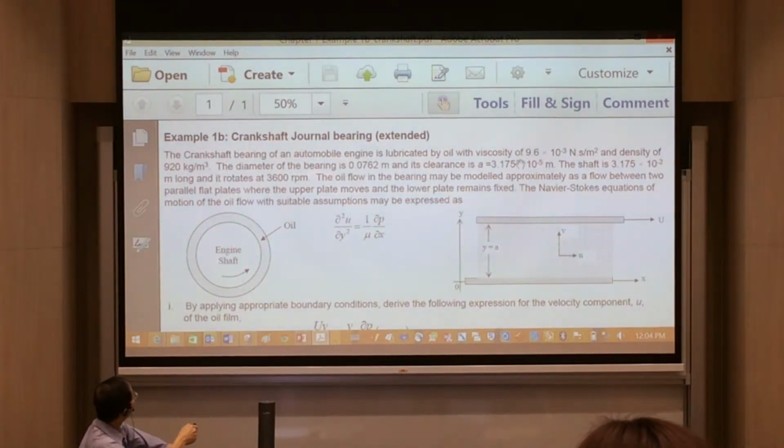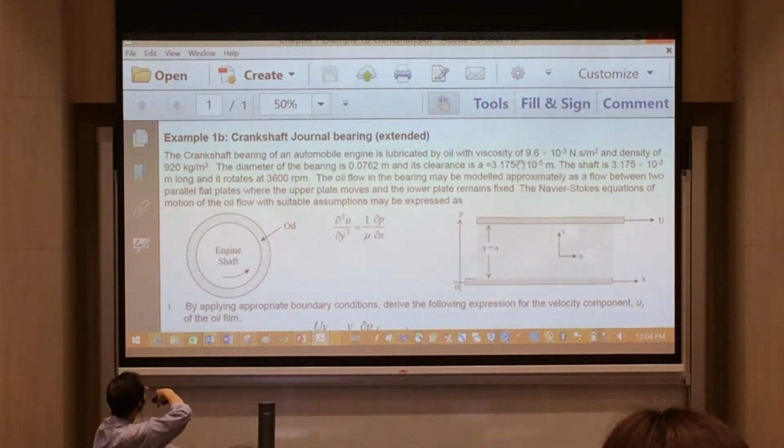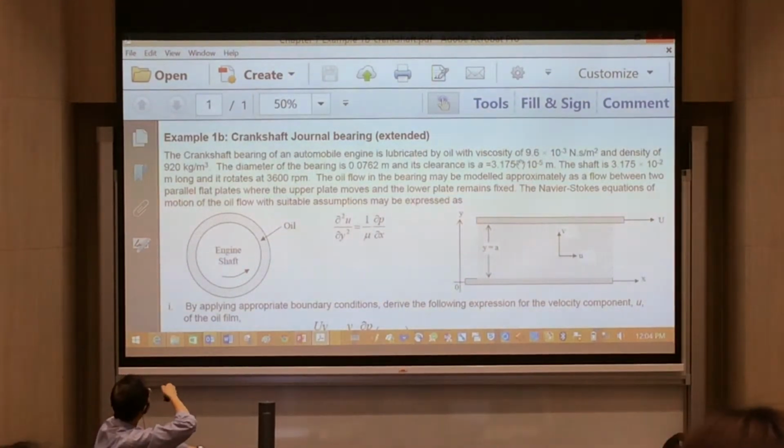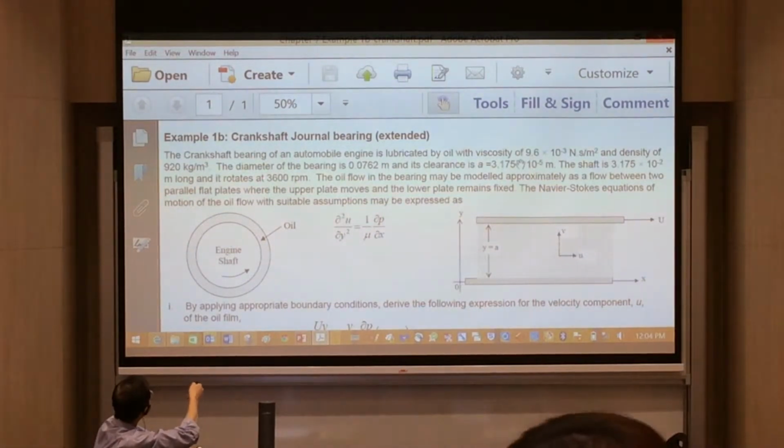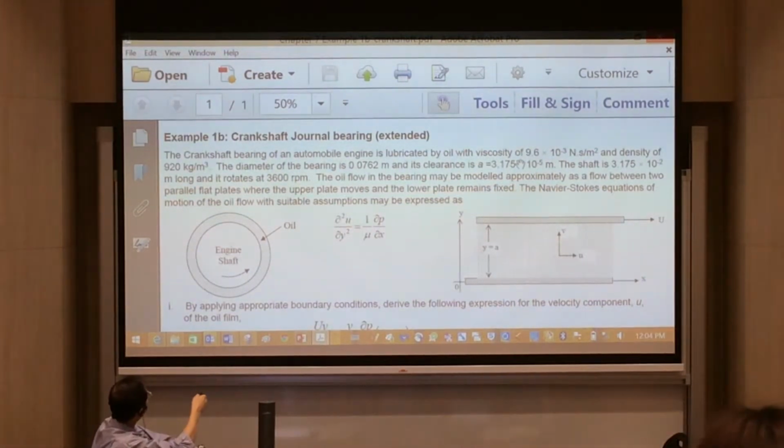The diameter of the bearing is 0.0762 and its clearance is 3.175. The shaft is 3.175 times 10 to the minus 2 meter long, so it's a very long shaft, and it rotates at 3,600 RPM.